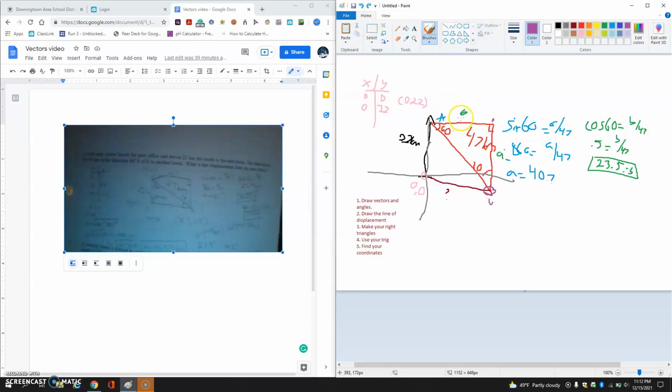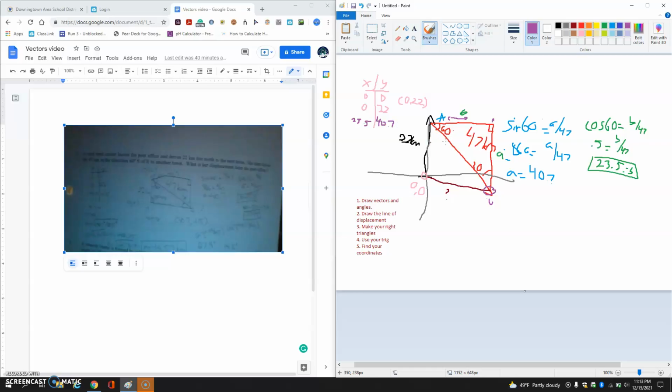So that means B is east to west, so that has to be X. So this 23.5 is X, and this 40.7 is Y.